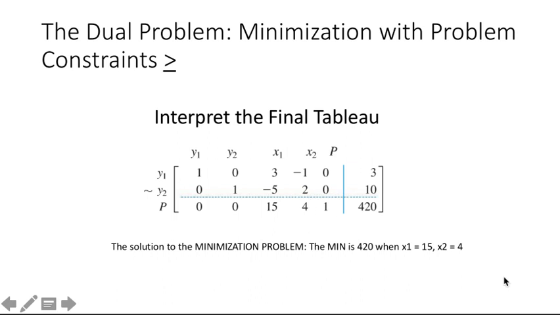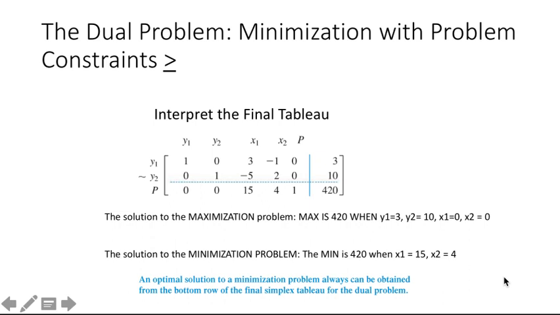It's kind of cool, right? To summarize, the max is 420 when y1 is 3 and y2 is 10, but the minimum is 420 when x1 is 15 and x2 is 4.